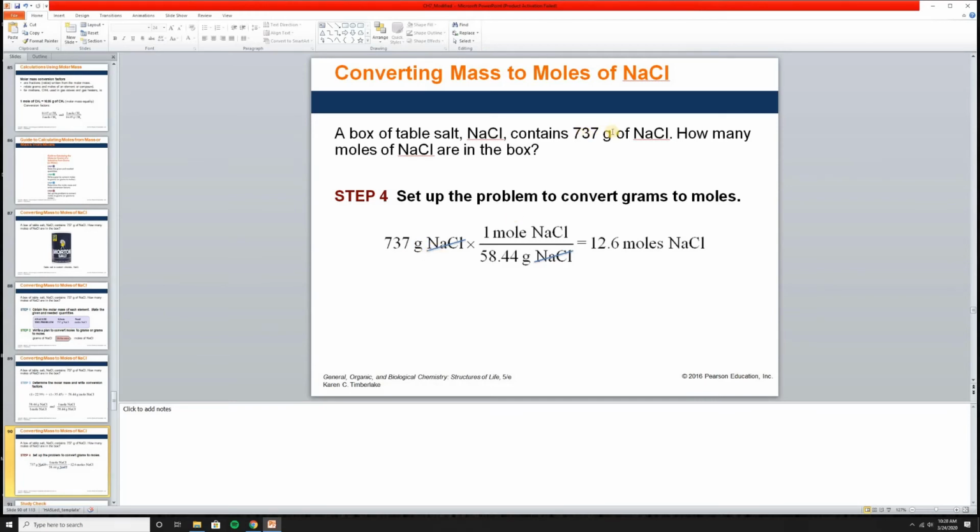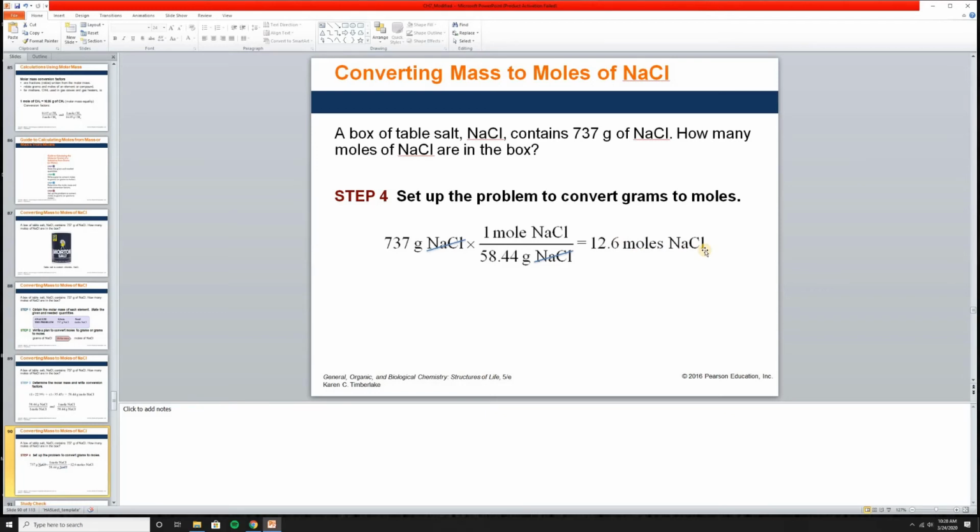Our sample is going to be 737 grams. So we have 737 grams of NaCl times 1 mole of NaCl per 58.44 grams of NaCl. So the grams of NaCl cancel out. You're basically dividing 737 by 58.44, and you get 12.6 moles of NaCl.